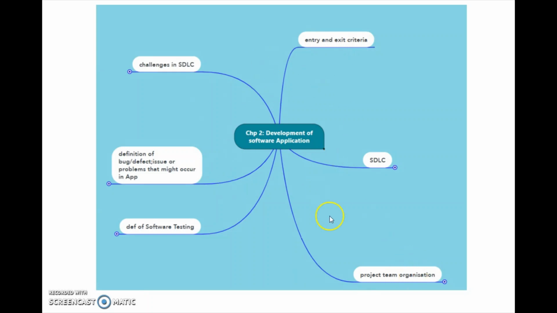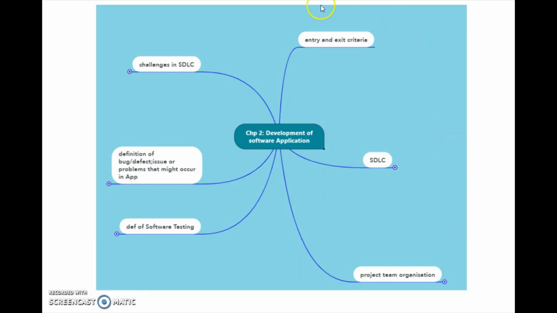Okay, then we've gone through the project team organization. That means the different people who are working so that the application can be delivered, right from the business analyst, the developers, the architect, the testers, and the end user.